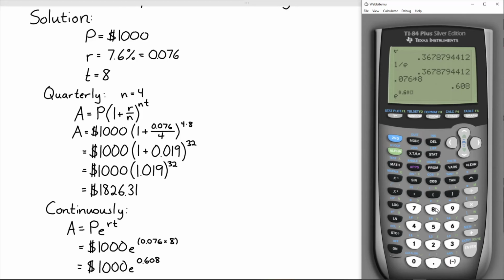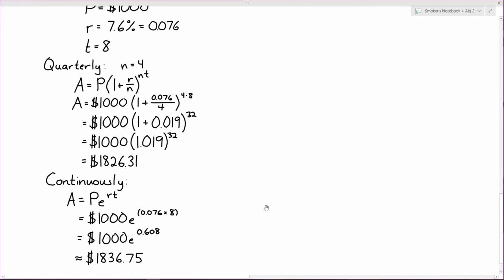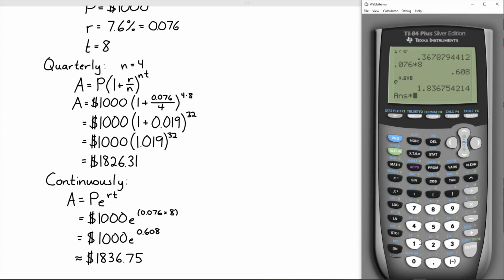Don't put 2 points in the number. Okay, there we go. I get that value that I want to then multiply by 1,000. Make sure you do order of operations, exponents first. And I will get $1,836.75. So you can see how you get more. It's not a whole lot more, but it's compounding continuously, and it is more, okay?